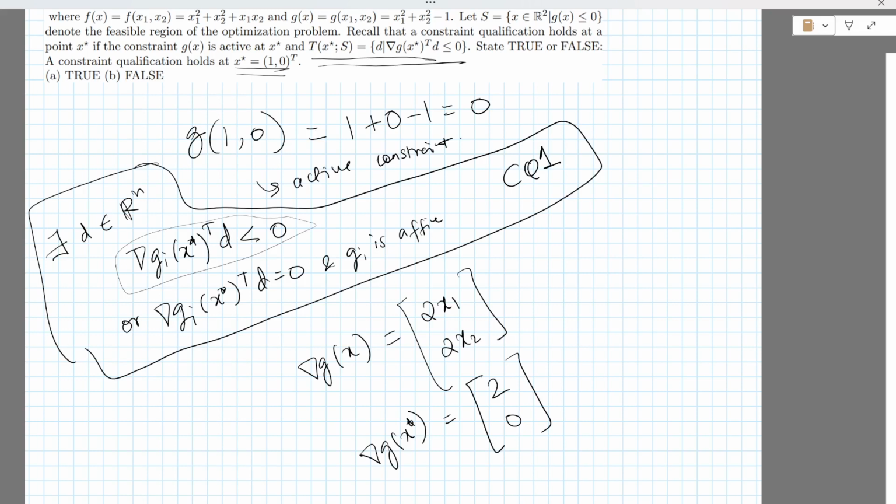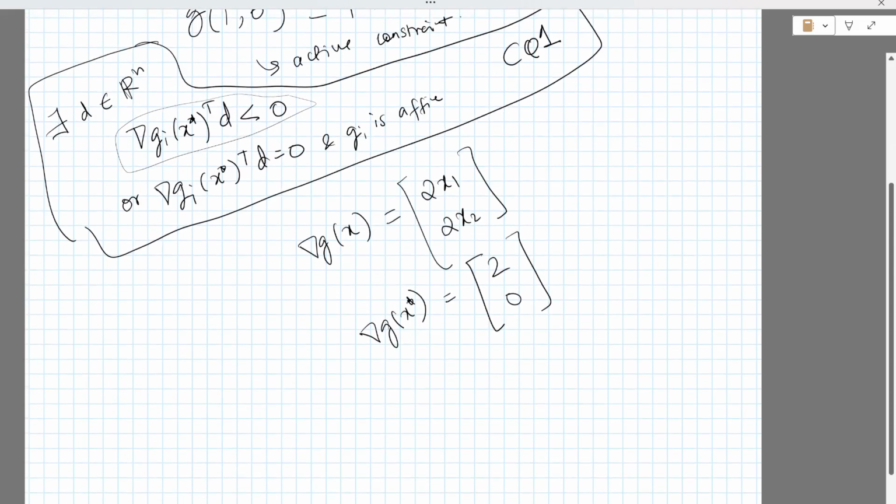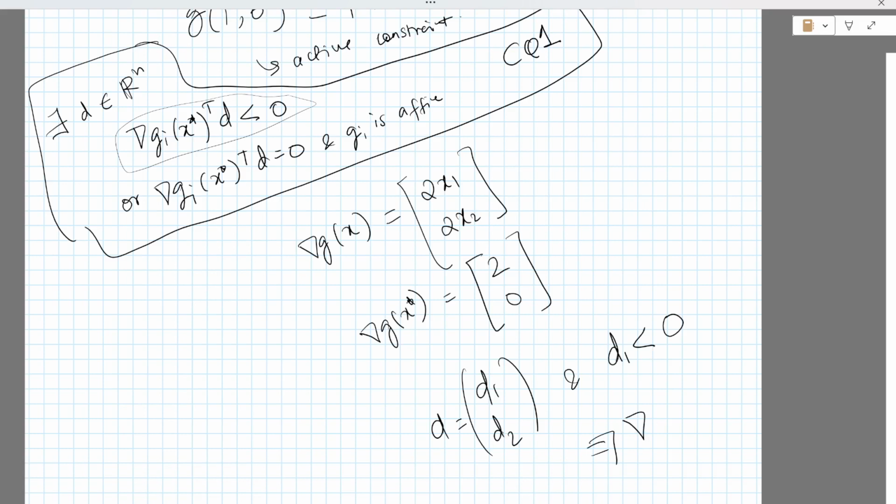If we have some d with components d1, d2, and if d1 is less than 0, then that implies the gradient transpose d is less than 0.